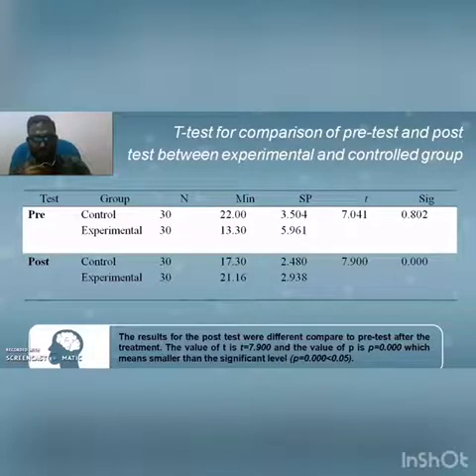As you see in the table, you can see the difference between the pre-test and the post-test. The results for the post-test were different compared to the pre-test after the treatment. The value of T is 7.9 and the value of P is equal to 0, which means smaller than the significance level.